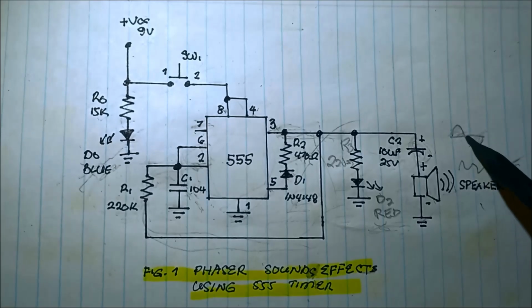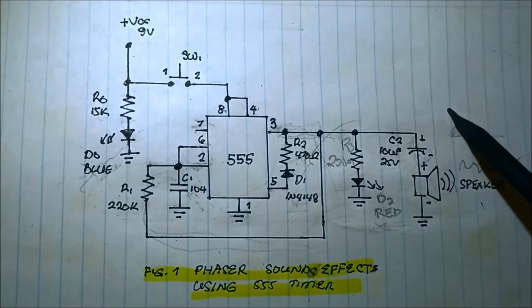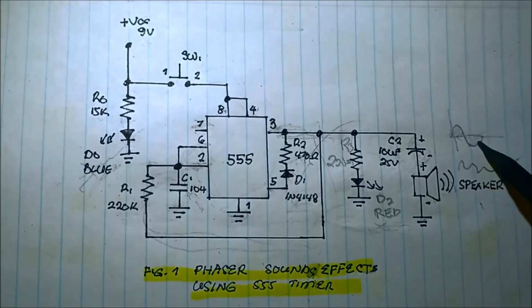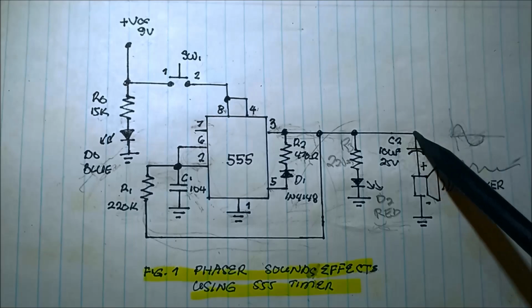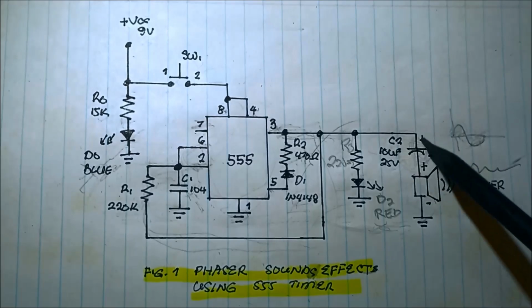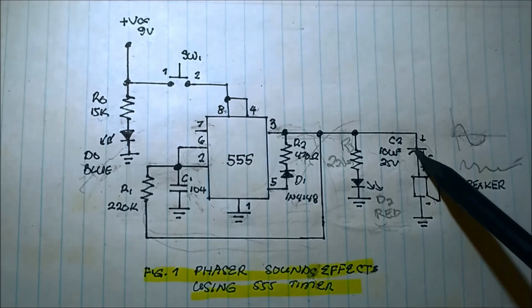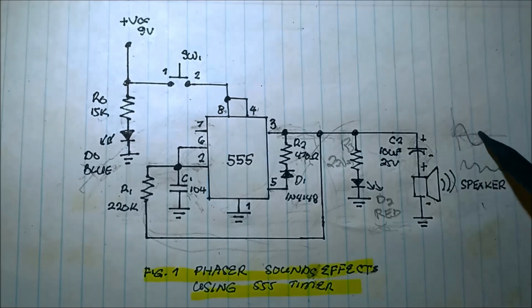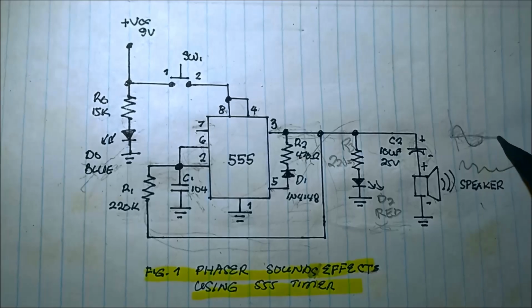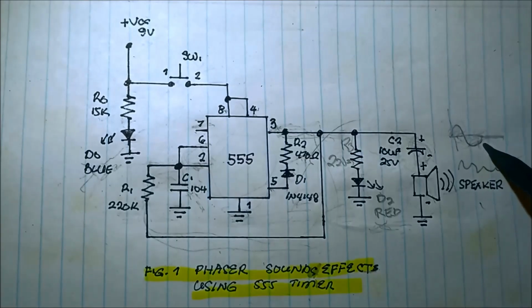It looks like alternating current, but this is positive and negative voltage. And it can pass through the capacitor. You need the capacitor for that. That is the sound that we hear, the sound waves.